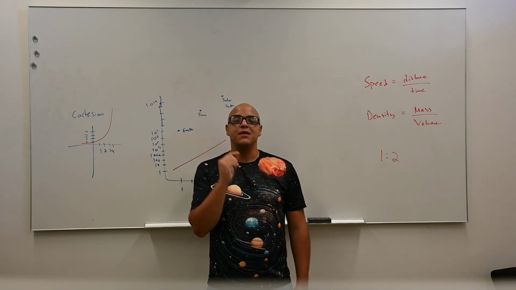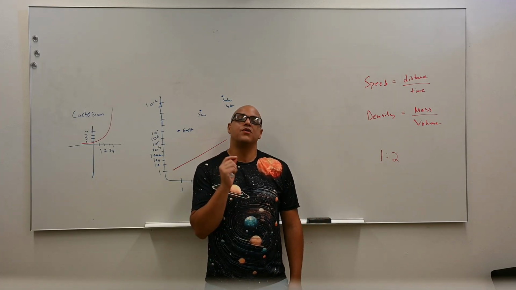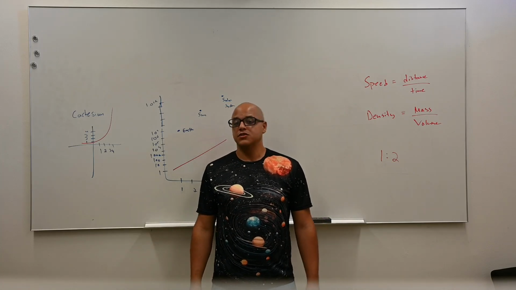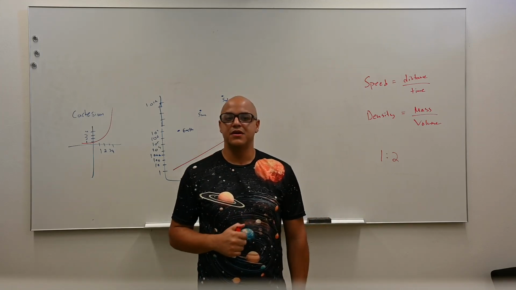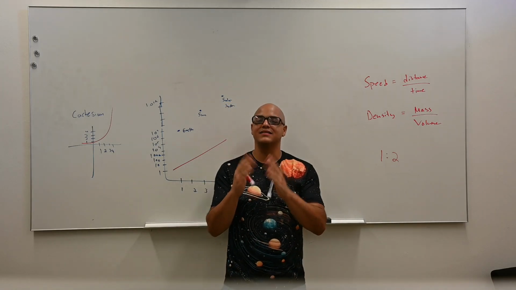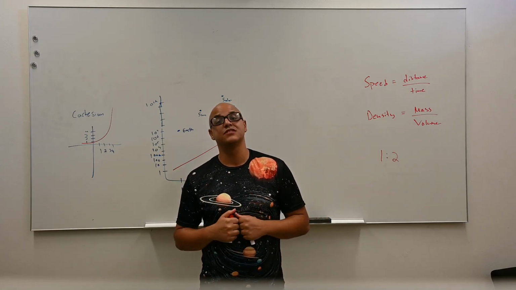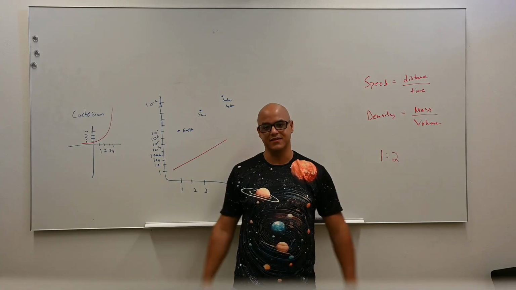Physics works the same way. Ratios reveal patterns that the raw data just simply can't. So whether you're comparing galaxies, atoms, or even your favorite online stats, ratios help us find meaning. That's why they are one of the most important tools of all of science.